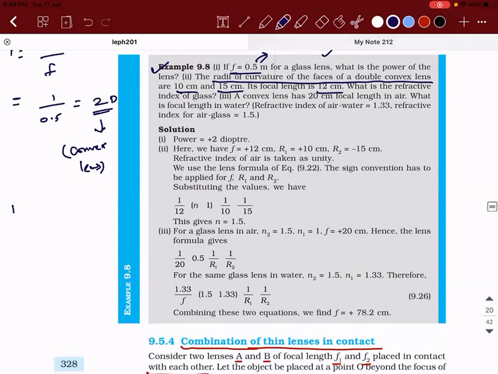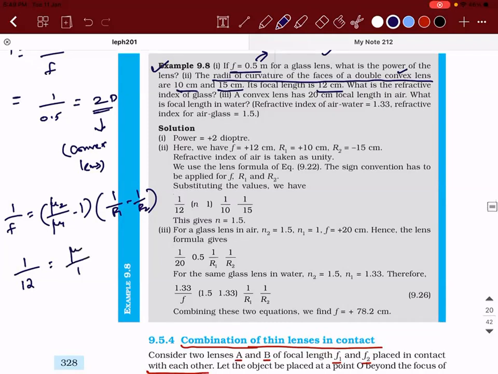Lens maker's formula: 1 by f is equal to (mu2 divided by mu1 minus 1) into (1 by R1 minus 1 by R2). The lens is convex, so focal length is positive. 1 by 12 is equal to (mu minus 1) into (1 divided by 10 plus 1 divided by 15). What we need to find is mu.